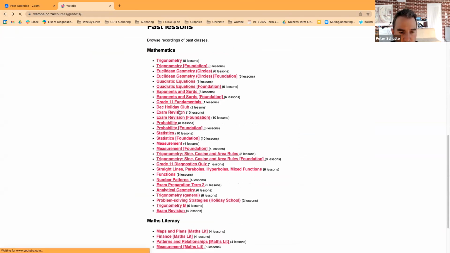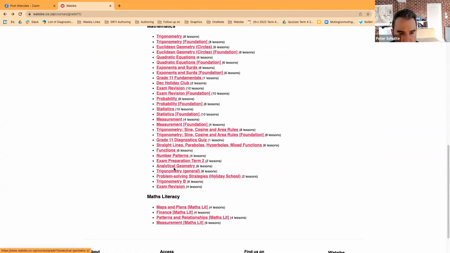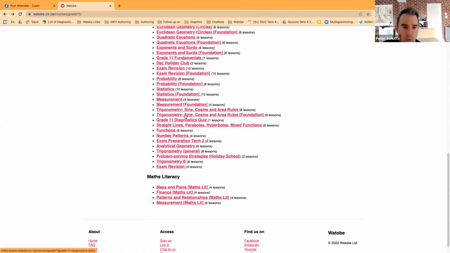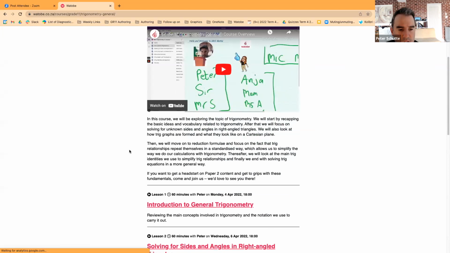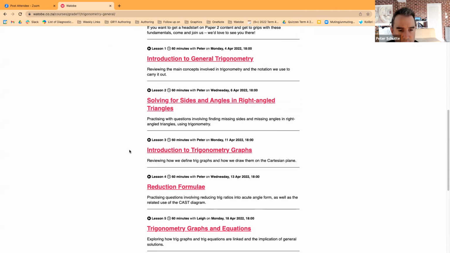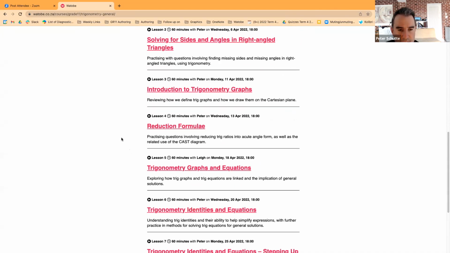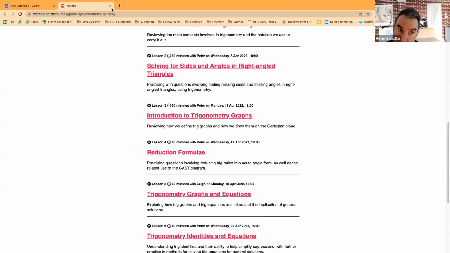And you can also go back to trigonometry general from all the way back from last year. If you click on trigonometry general, there are some lessons on reduction formula that you can have a look at. So if you're absolutely stuck, then that could possibly be a way to help.